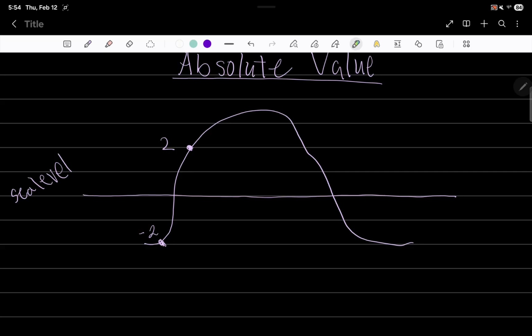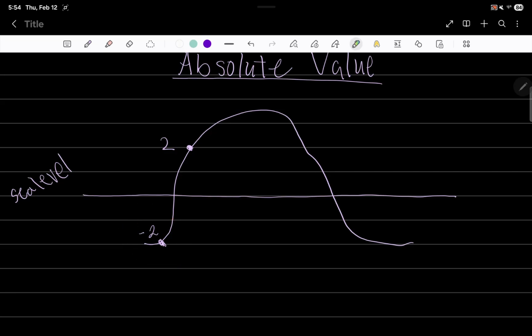So with this, the mountain is 2 above sea level, whereas in the opposite direction, we have -2 below sea level.